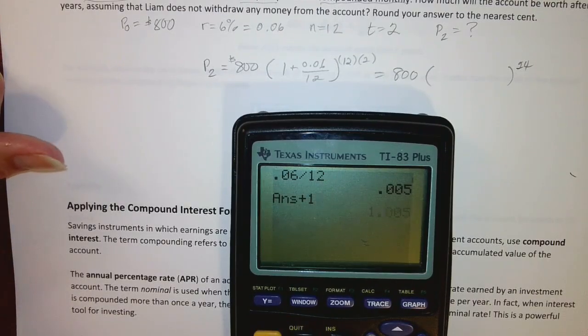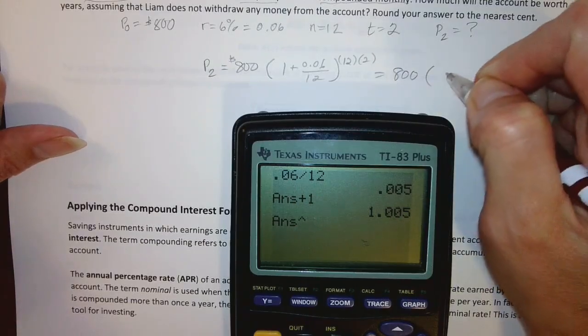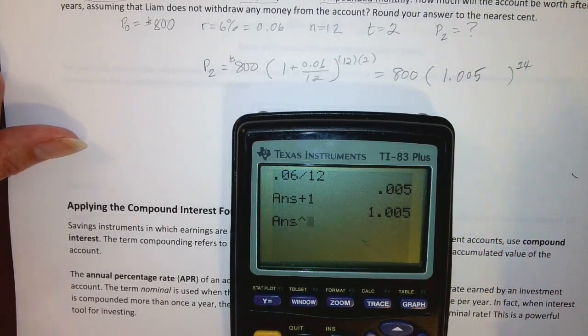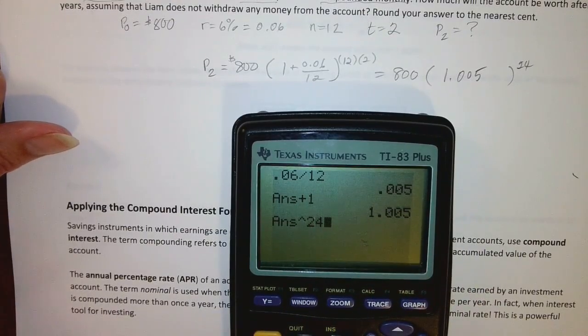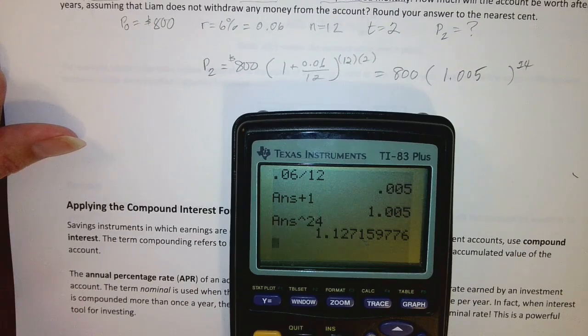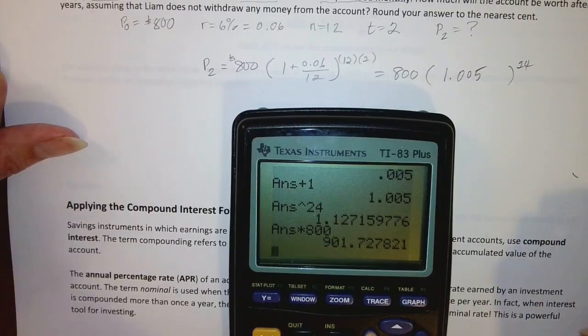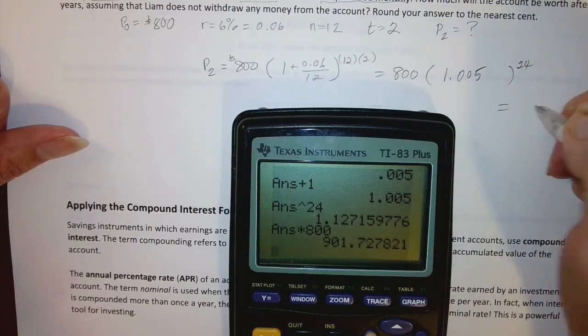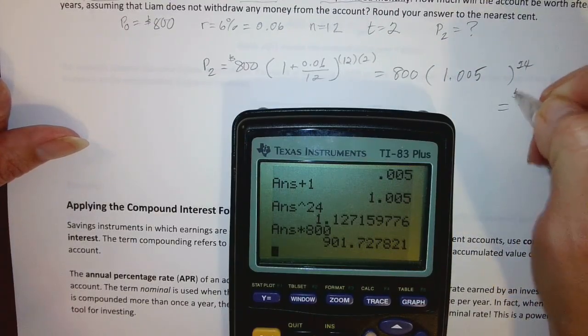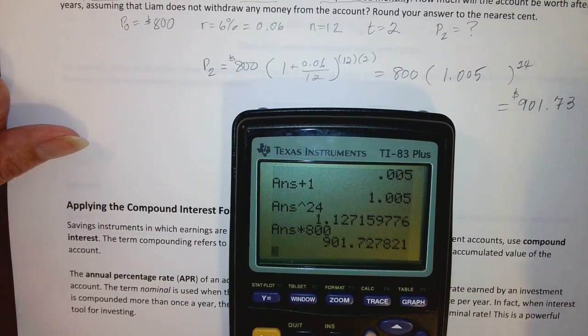Then I'm going to add 1, and then I am going to raise that to the 24th power, and then I'm going to times 800, and that gives me $901, and I'm going to round up, so 73 cents. So that gives me $901.73.